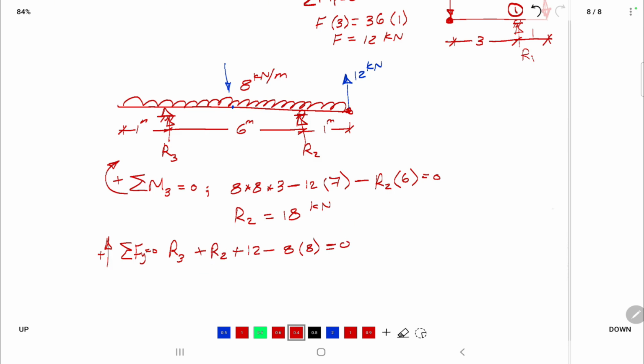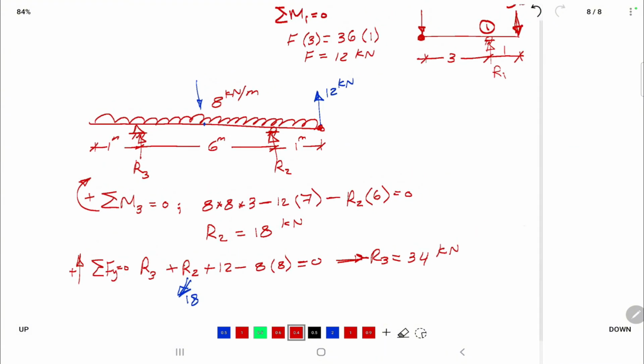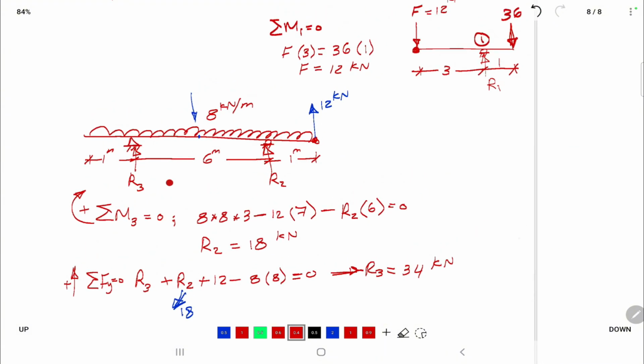Now R2 is 18, so I can plug in the value 18 here. Then from this equation, I get R3 equals 34 kilonewton. So I have computed R2 and R3.